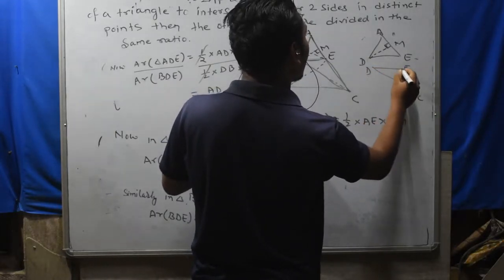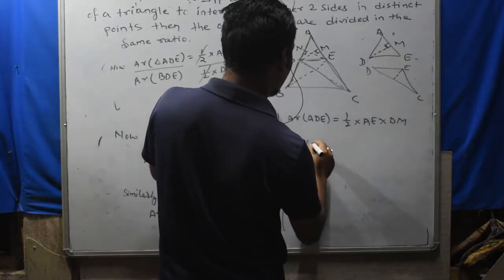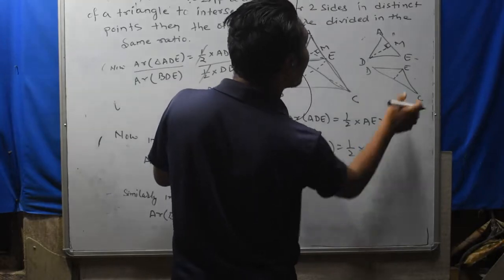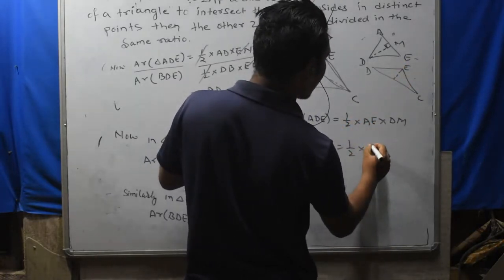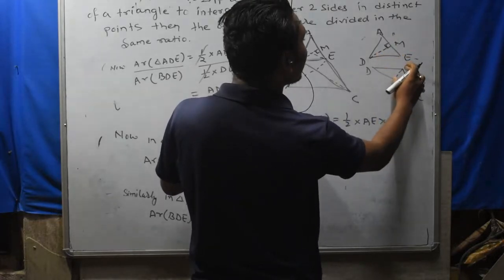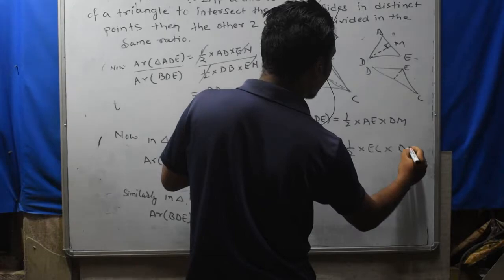Area DEC equal to half into what is the base? EC is the base. And what is the height? Since this is the height, we can consider DM as height.